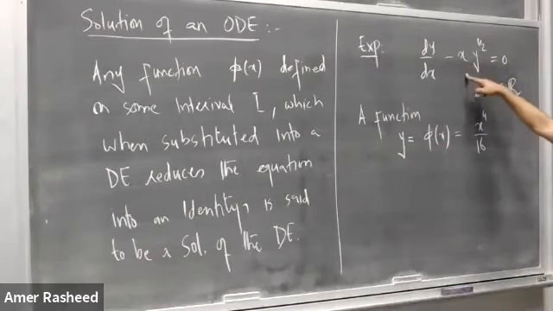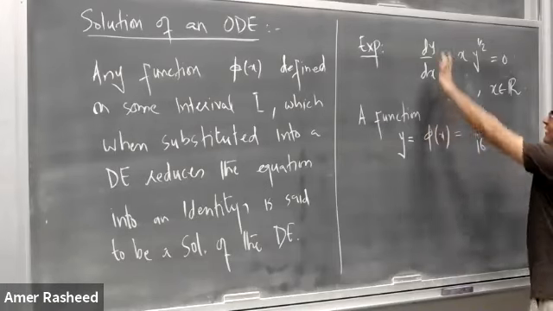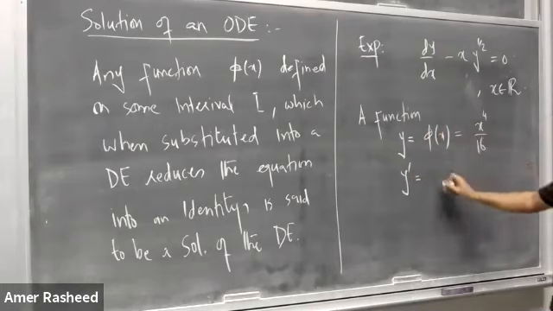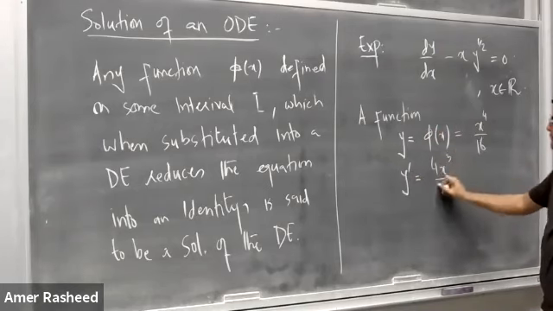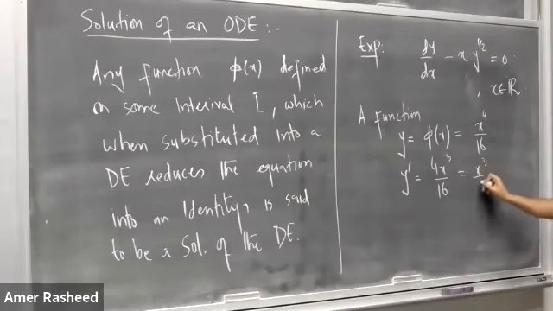Does this equation reduce into an identity? In order to put this here, we need its first derivative, y dash. Y dash would be 4x cubed divided by 16, which is x cubed by 4.